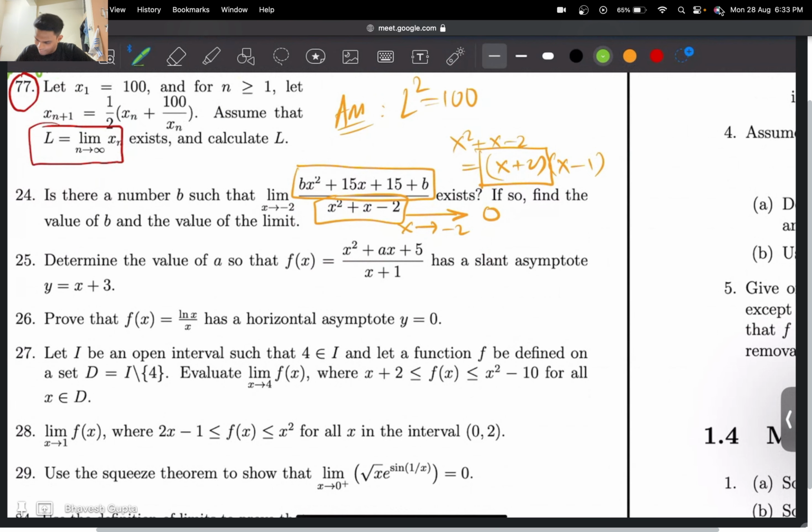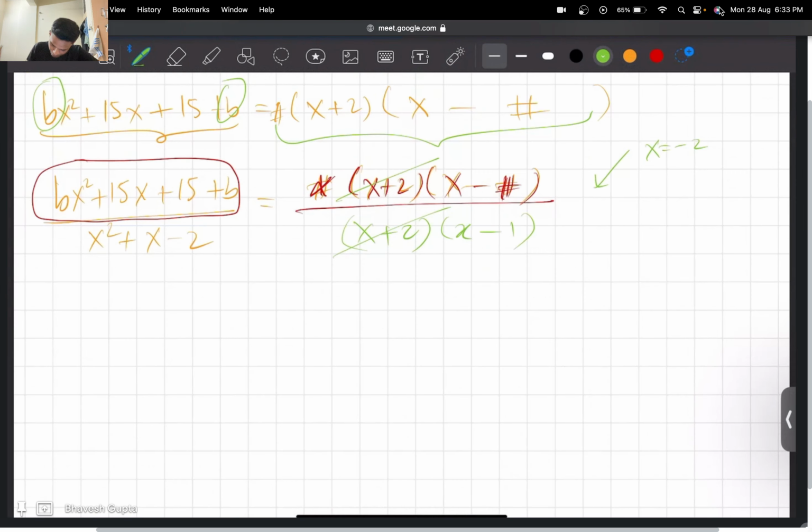Since they have asked this question, I'll give you a hint. The hint is that yes, there exists such a b such that the limit exists.